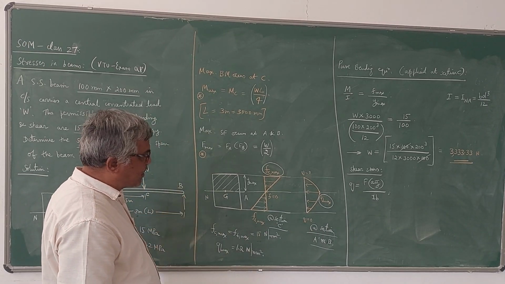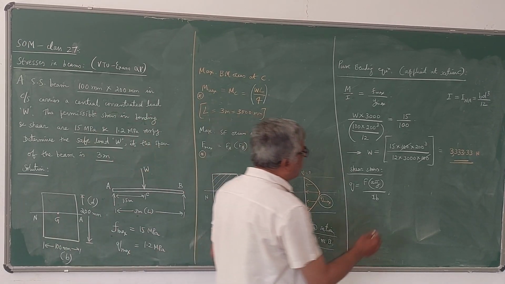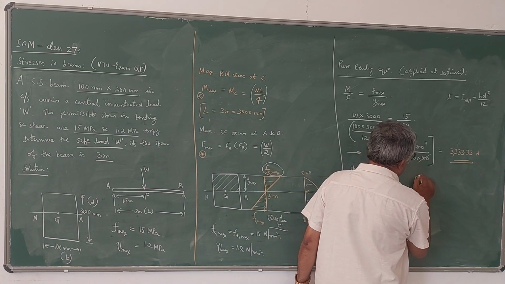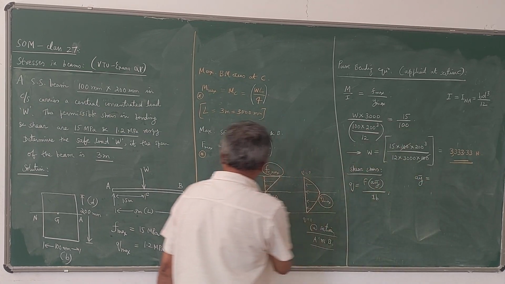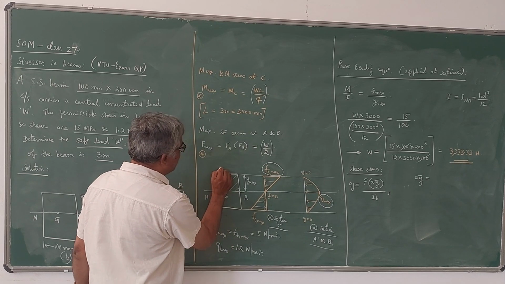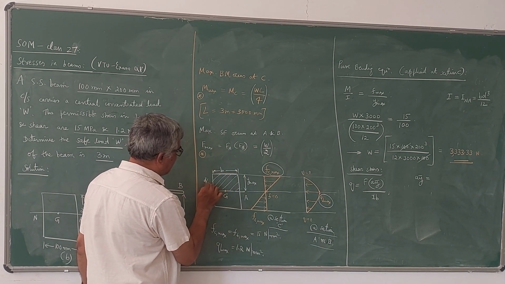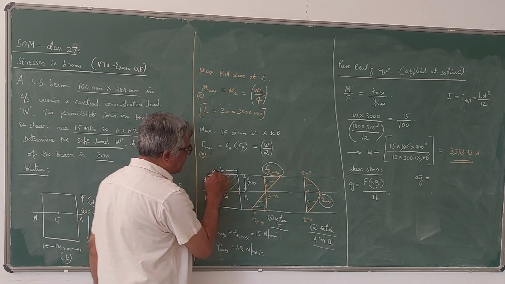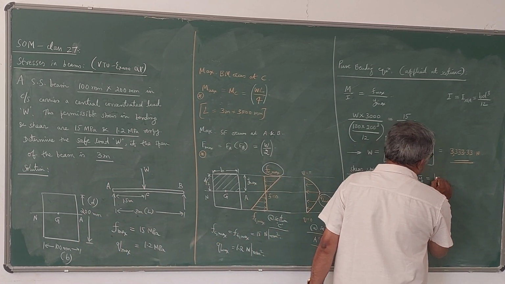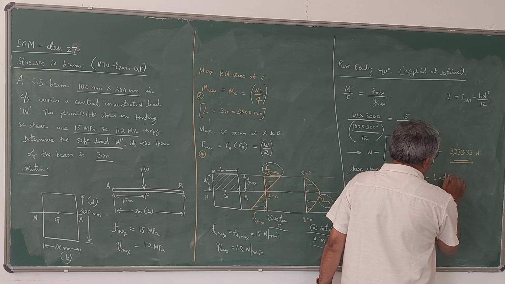Of course here it is the same. So I need A y bar now. A y bar is equal to A, the area above the neutral axis, which is b into d by 2. So b into d by 2 is A.